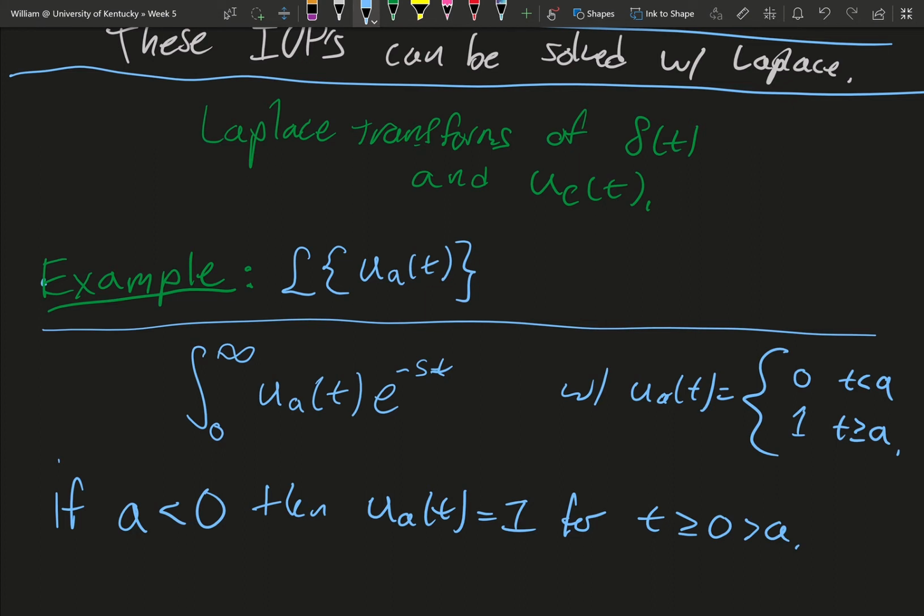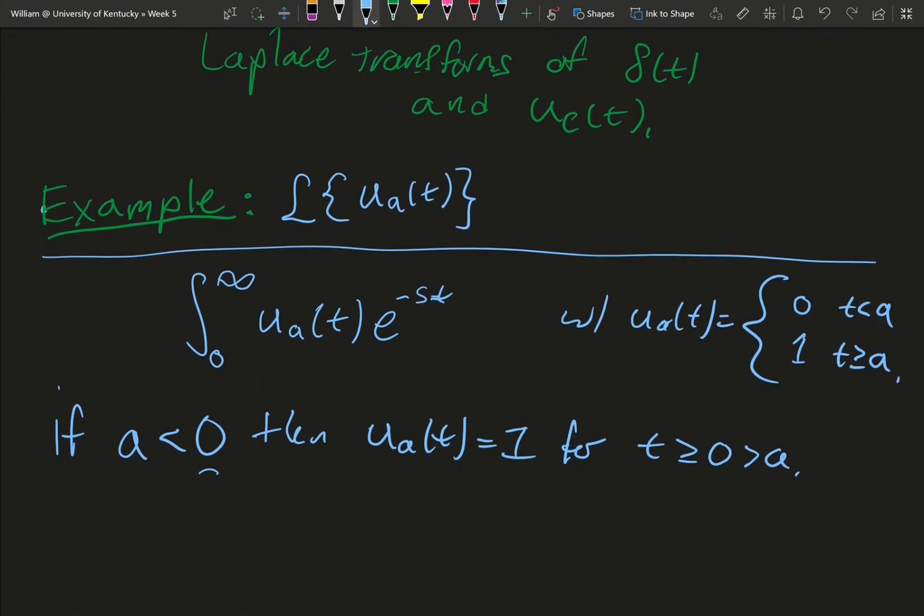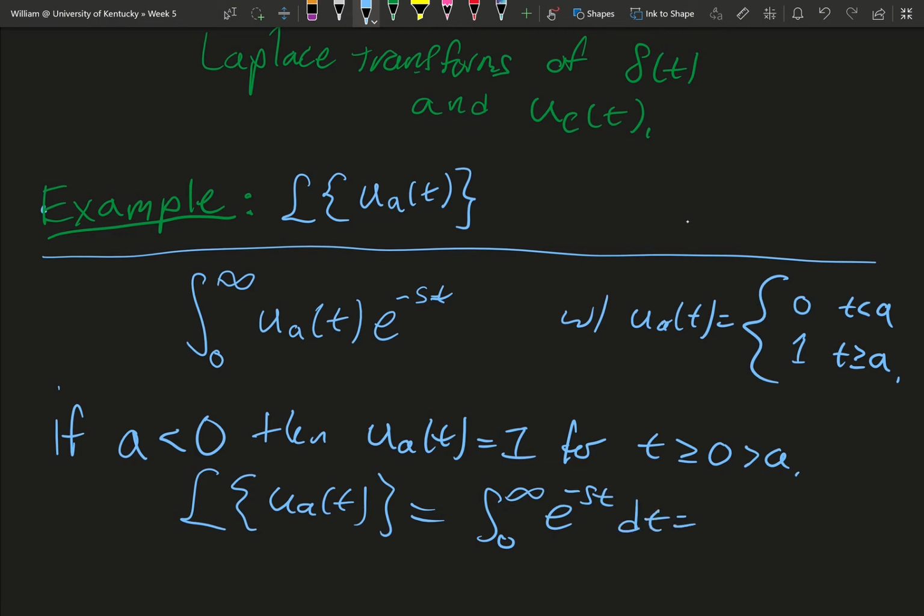And so we get that this is just equal to the integral from 0 to infinity of e to the negative st. As we've done this a million times, it's the Laplace transform of 1. Our answer is just going to be 1 over s for s greater than 0.